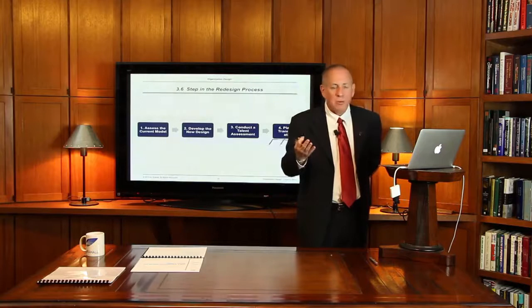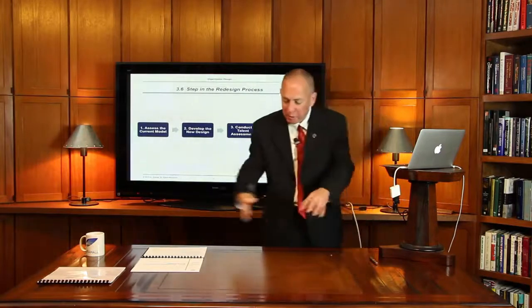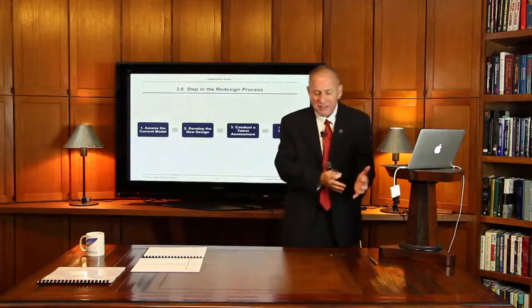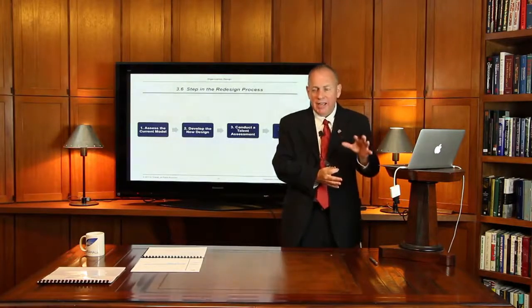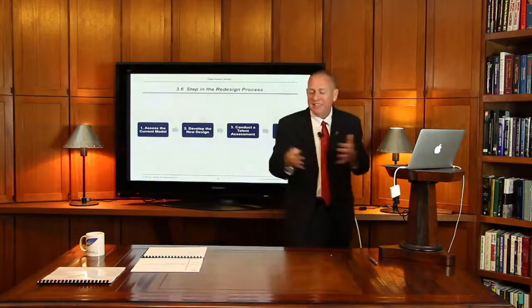In step number 2 then, with develop a new design, we say, okay, what are the functions? We would move those building blocks around, as I talked about, into different options and say, well, you could look like this, you could look like that. Here are the advantages and disadvantages of option A. Here are the pros and cons of option B. Let's talk about it. Let's test it.